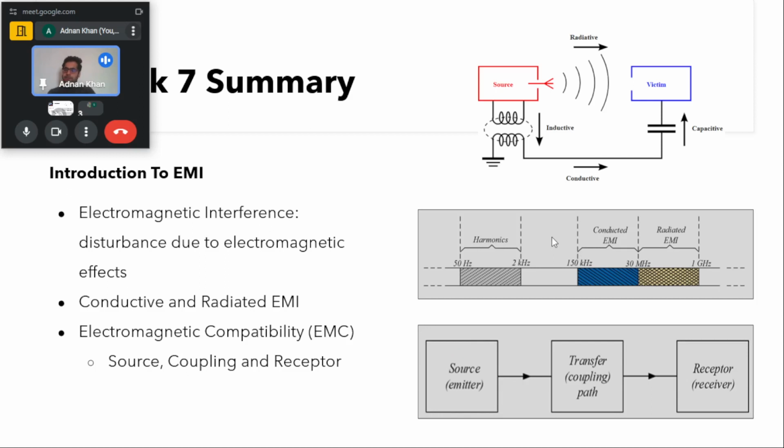And then there will be our converters, which switch at very high frequencies and have different switching frequency components. If we have a frequency component that lies between 150 kilohertz and 30 megahertz, then it lies in the conducted EMI range.